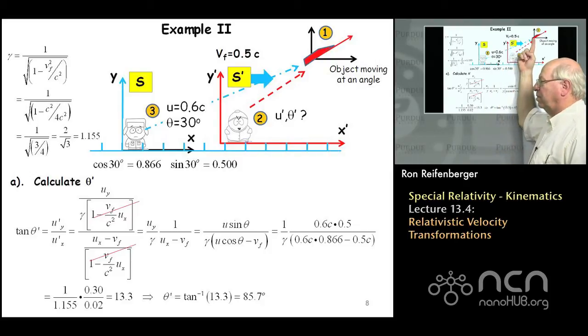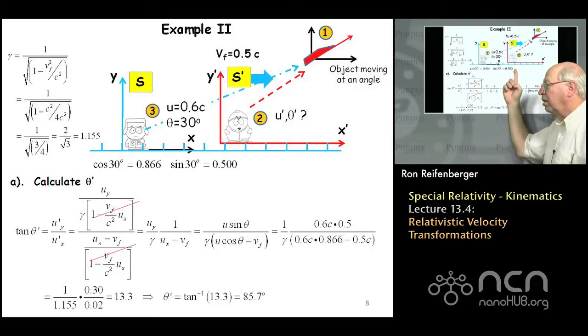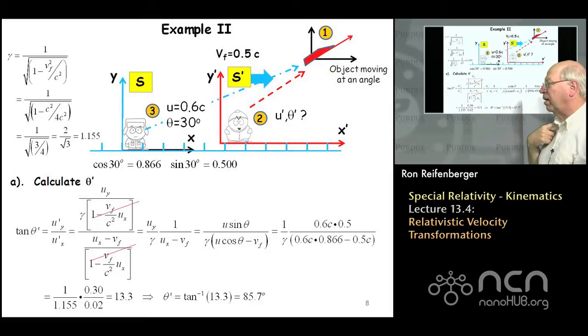It's this red rocket ship here that's moving at 30 degrees with respect to this unprimed reference frame. And then we're just going to simply ask, what would an observer in a frame S prime measure if the frame S prime has a velocity of 0.5 the speed of light with respect to the unprimed reference frame?